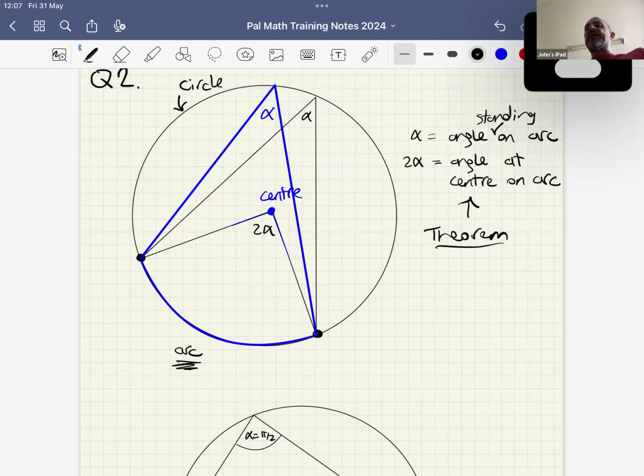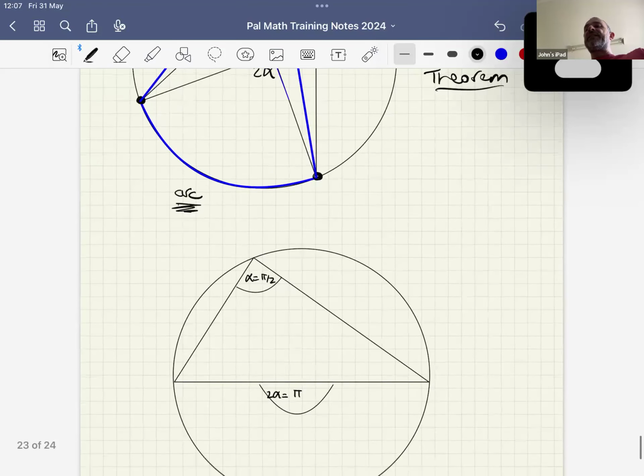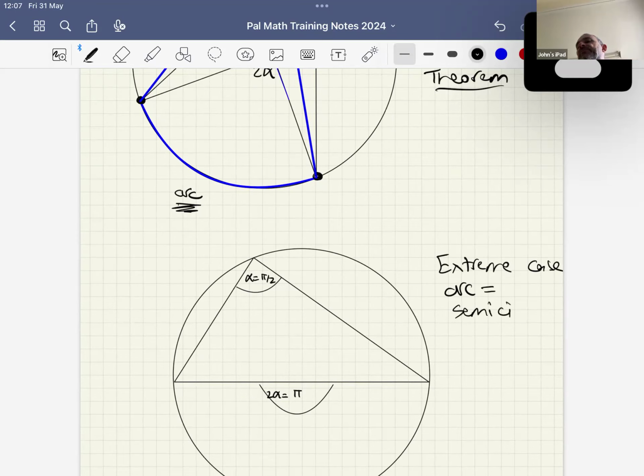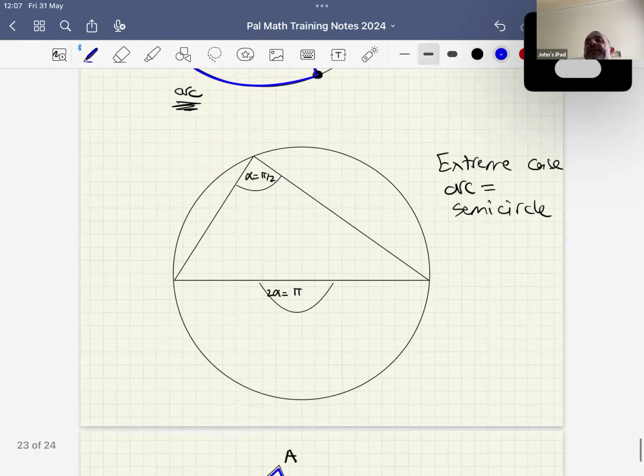So this is a theorem about circles. And so an extreme case is where the arc is half the circle, so it's a semicircle. Okay, so my arc in this case goes all the way from here to here, and in other words, we've got a diameter here.